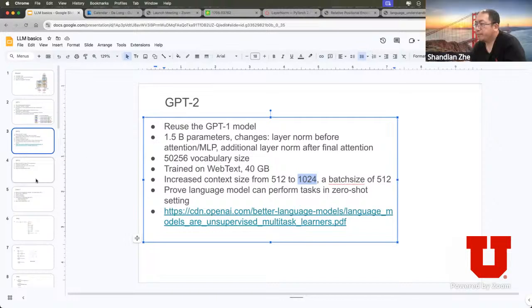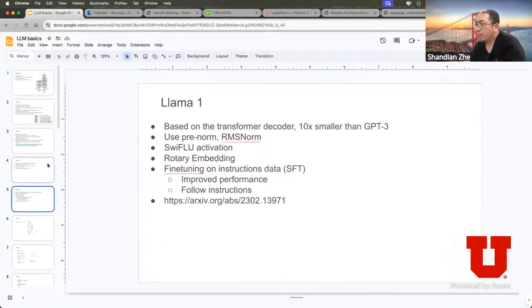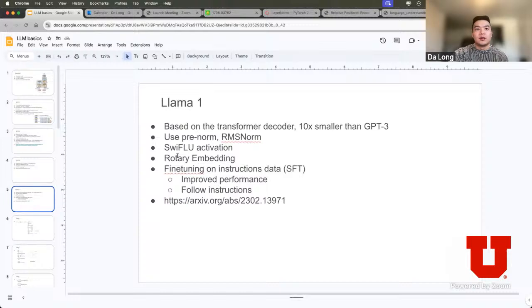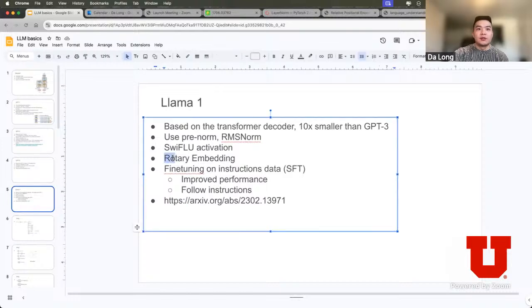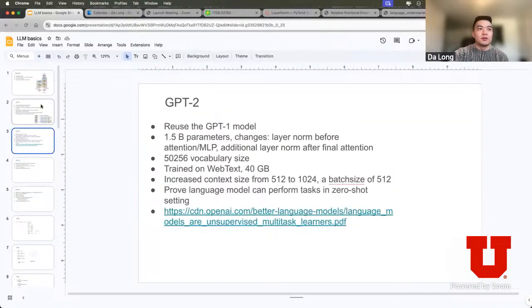In later language models like Llama, they use rotary embedding, so you can use any sequence length you want. But in GPT-1 and GPT-2, you have to predefine the maximum length.